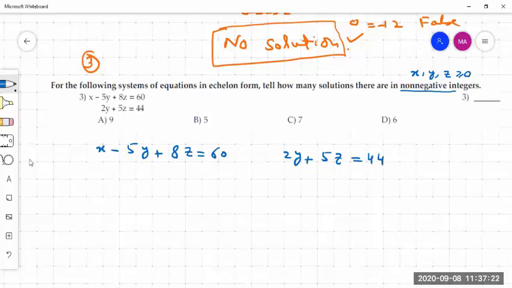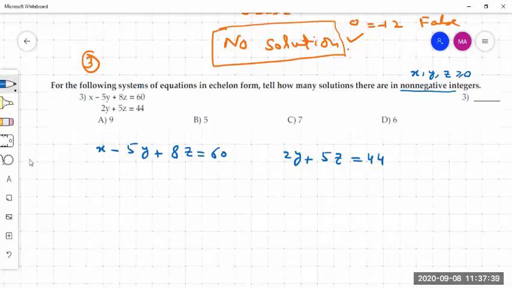And you see that there are three variables in this one, right? So x, y, and z, but there are two equations. Whenever there are more variables than equations, it can have infinitely many solutions, right? So more than one solution.